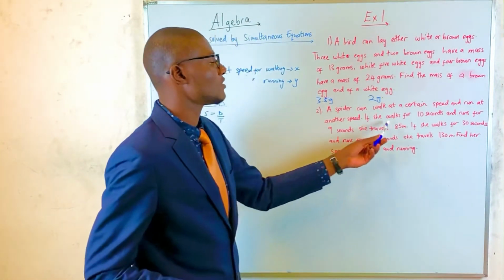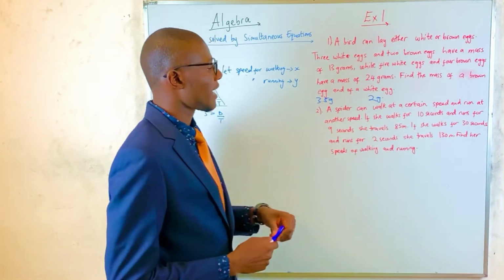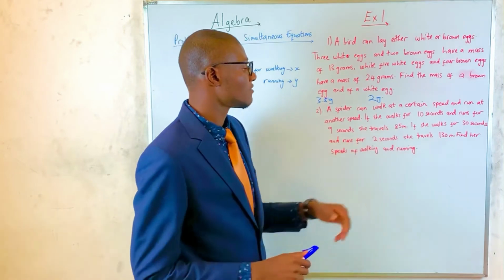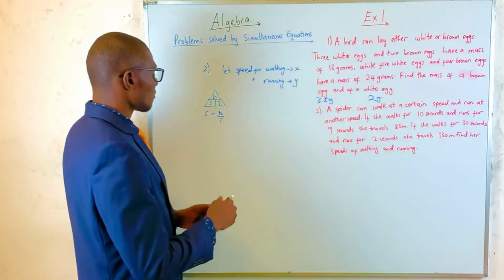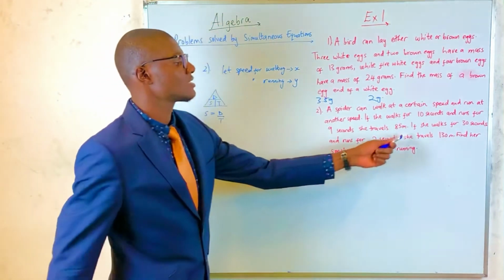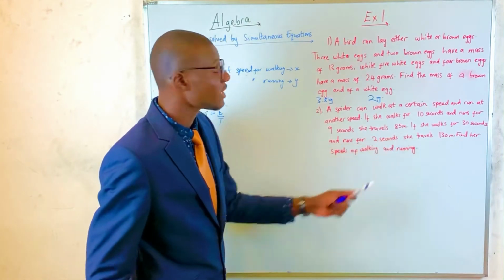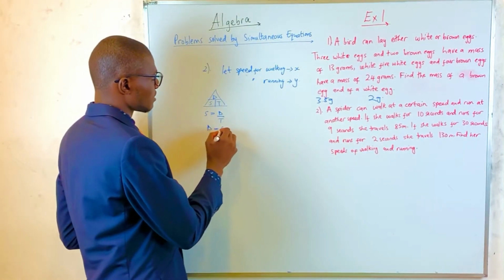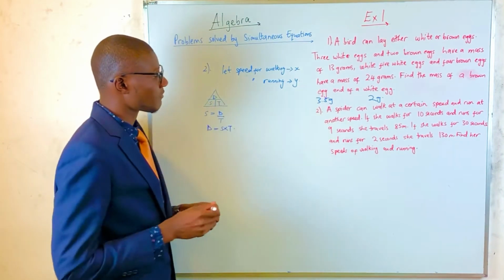We're told that if she walks for 10 seconds and runs for 9 seconds, she travels 85 meters. So we have to come up with the formula for distance, which is speed times time.